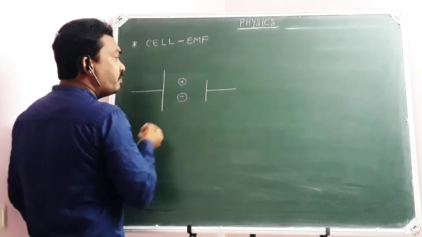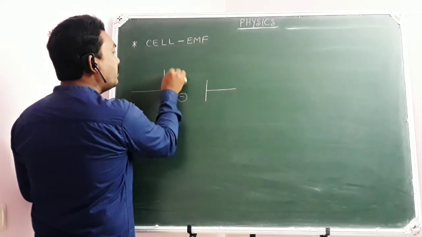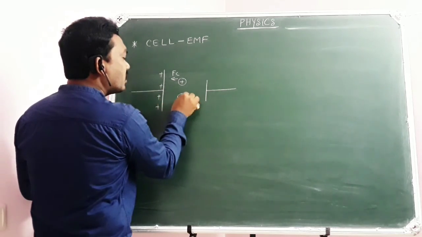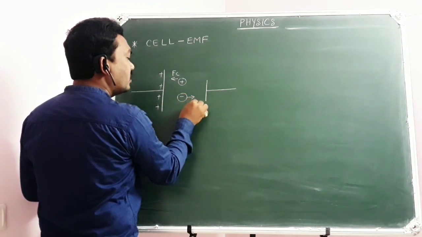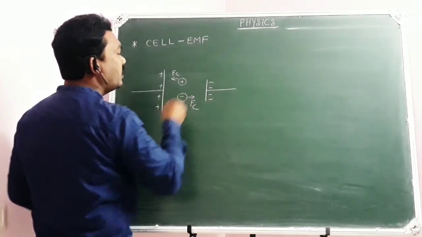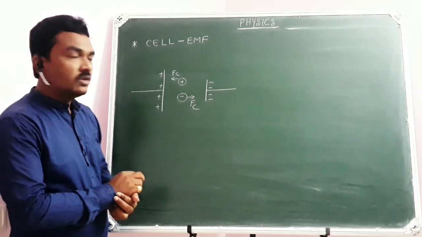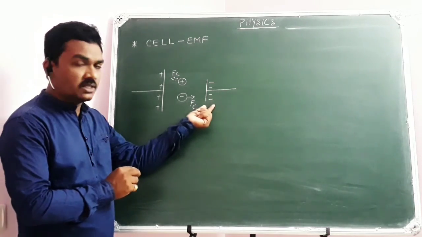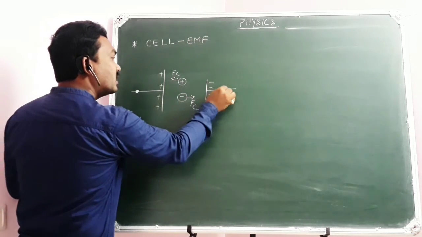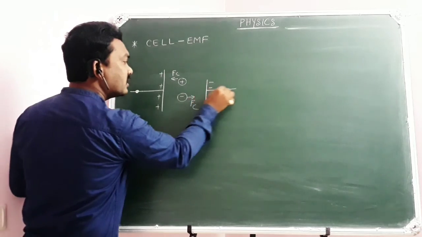You know very well, because of the chemical force, all the positively charged ions will be moving to one terminal and all the negatively charged ions will be moving to another terminal due to chemical reactions or the chemical force that is pulling all the positive ions to one side and all the negative ions to the other side. So that one is a positively charged terminal, the other is a negatively charged terminal, and there will be some potential difference that develops across the terminals of the cell.